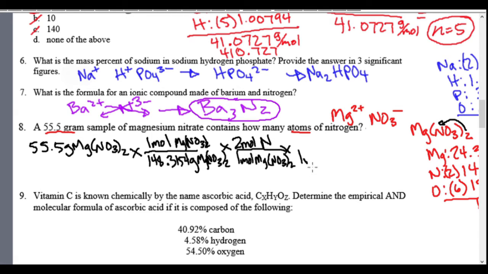And then for every 1 mole of nitrogen, there is 6.022 times 10 to the 23 atoms of nitrogen. So when you are taking this next test, I highly recommend putting Avogadro's number in on the storage of your calculator so you don't have to type this. I know overall it'll probably save you like a total of 1 or 2 minutes on the test, but that's 1 or 2 more minutes you can use to go over other stuff.